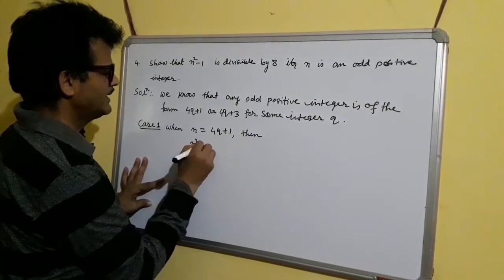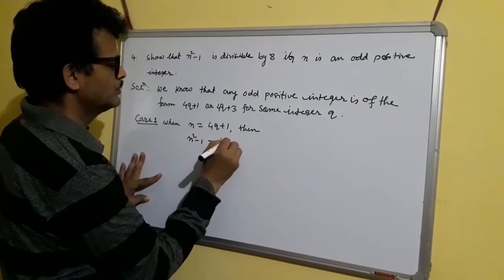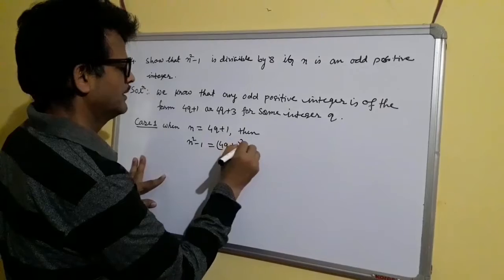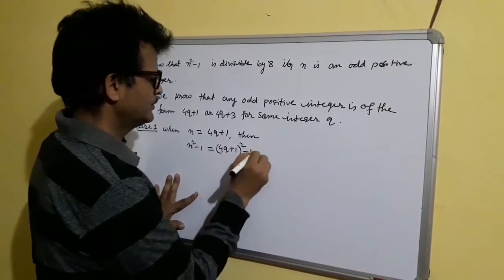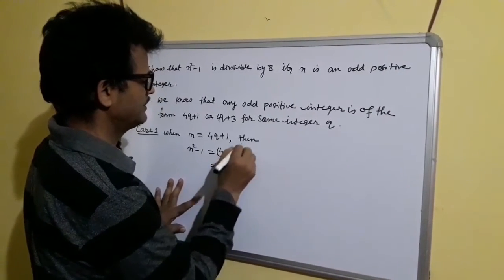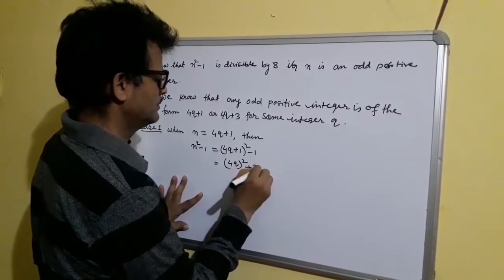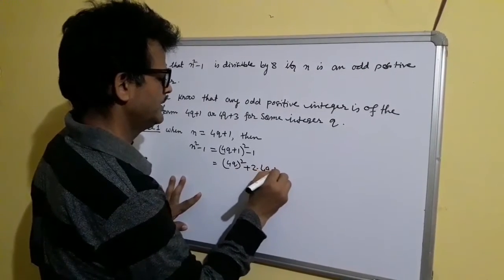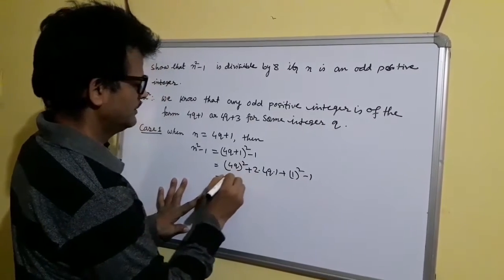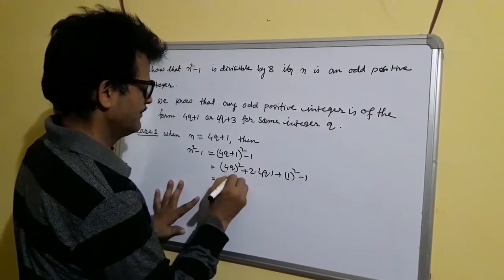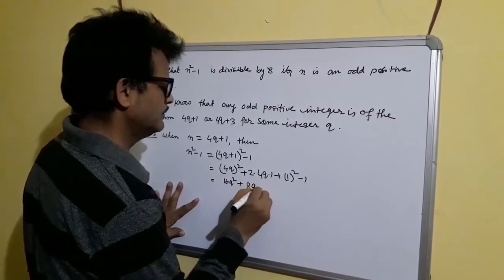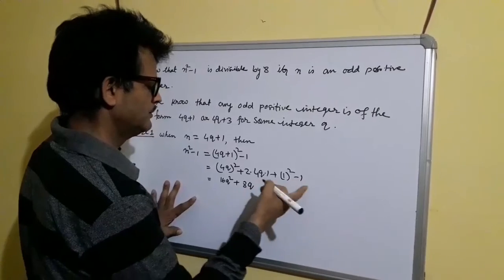n square minus 1 is equal to (4q plus 1) whole square minus 1. Using (a plus b) whole square equals a square plus 2ab plus b square, this is 16q square plus 8q, and 1 minus 1 is 0.